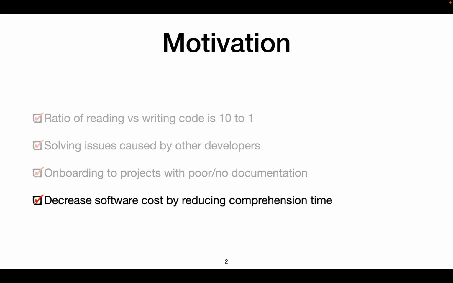And the cost of the software is determined by the resources it takes to develop it. So as reading is an important part of it, we can decrease the software cost by reducing the program comprehension time.